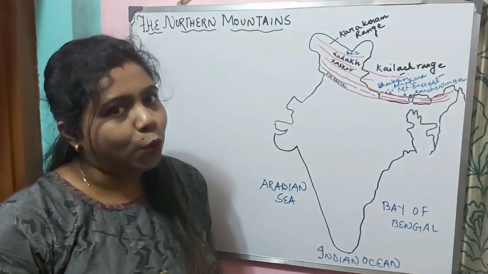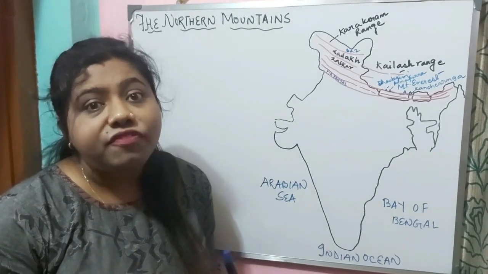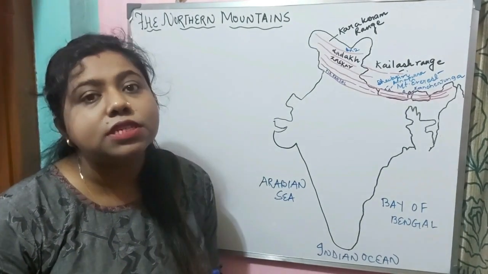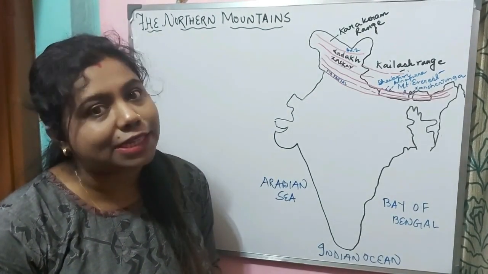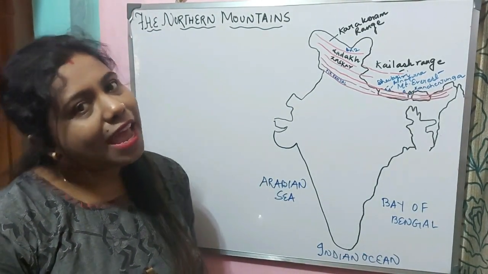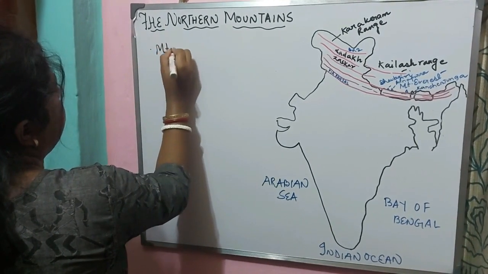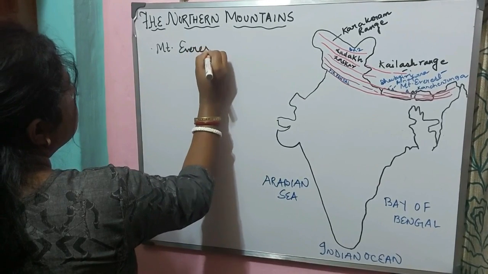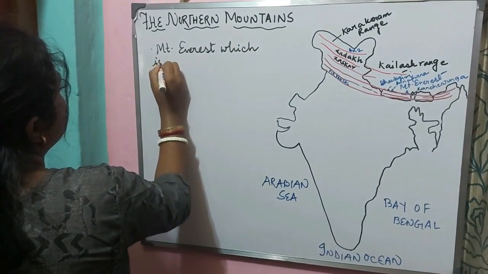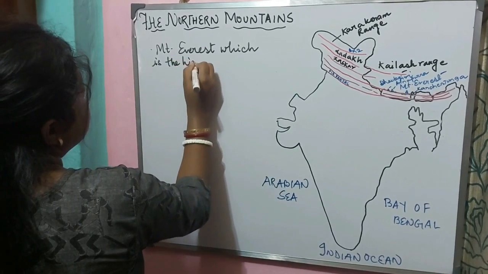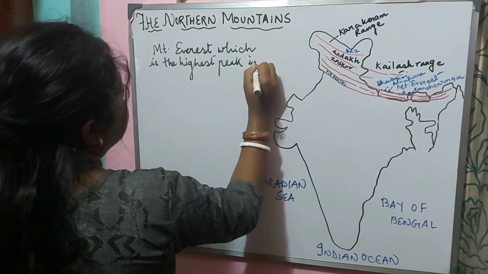And let me tell you a very important fact: out of 10 important peaks in the world, 9 highest peaks are located where? In our country, India, like Mount Everest, which is the highest peak in the world.